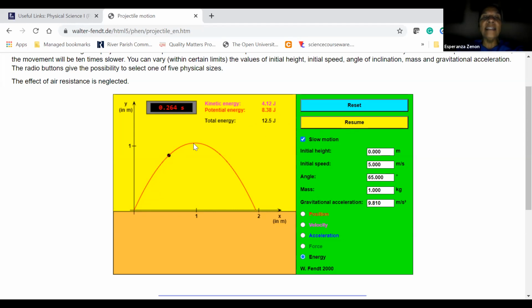But notice as it gets higher and higher, it'll reach the peak where the vertical velocity is 0, and it'll have the smallest value of kinetic energy. Once it goes past the peak, it starts to fall. So the potential energy is going to decrease while the kinetic energy increases, but the total amount is always the same. Why?